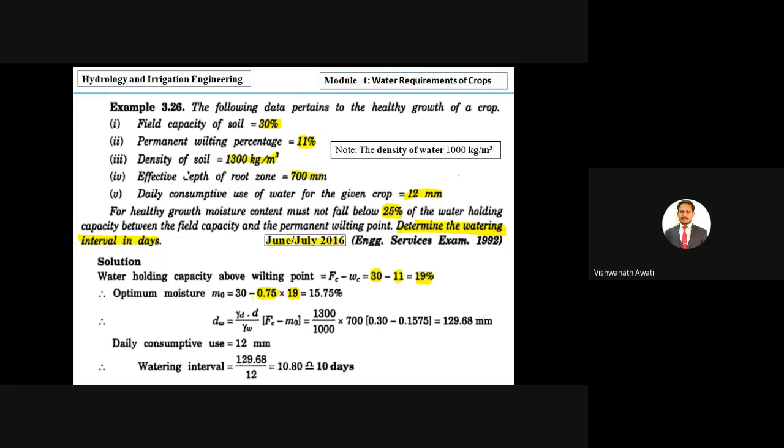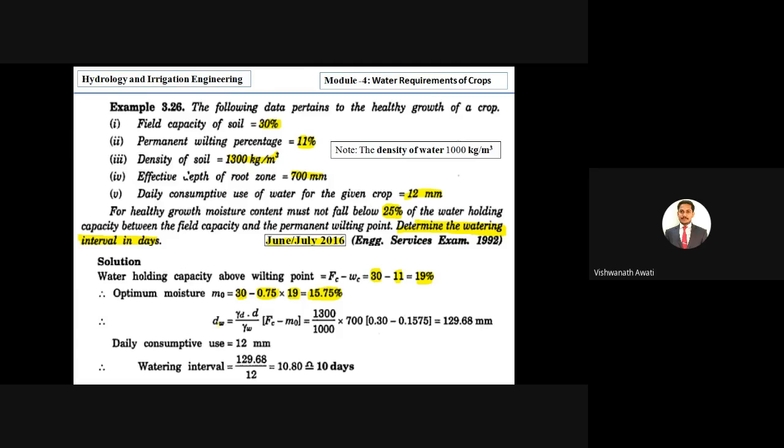It is the same procedure, but they have solved the two steps in a single step. So field capacity minus 0.75 into 19, and you get the optimum moisture, or readily available moisture, as 15.75%.